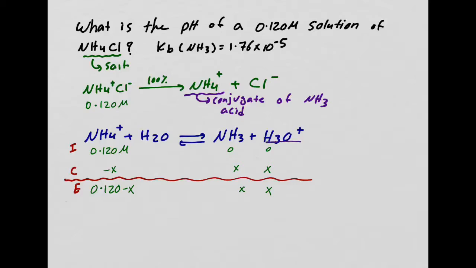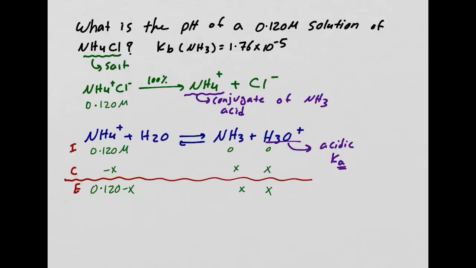Yeah? Okay. Then you're going to say, hold on a second. I have hydronium here, right? This is an acidic solution. I have an acid here. Ammonium is my conjugate acid. So what I need is Ka. And bad me, I don't give you Ka again. I give you Kb. But hey, you know how to figure that out, right?